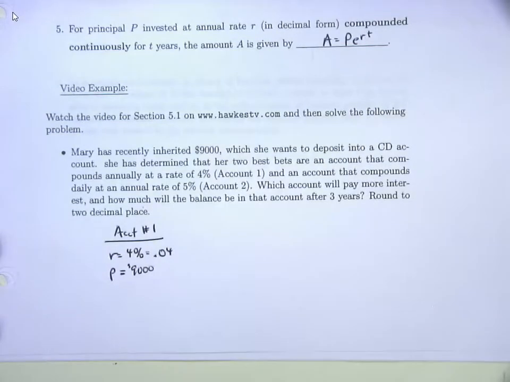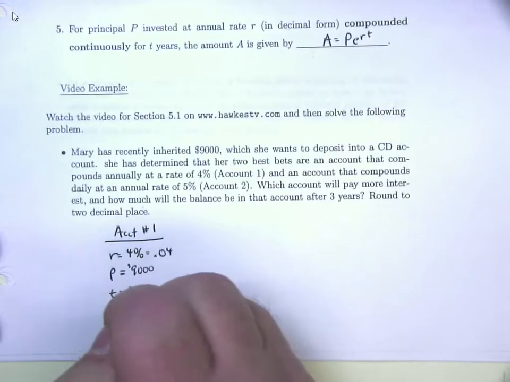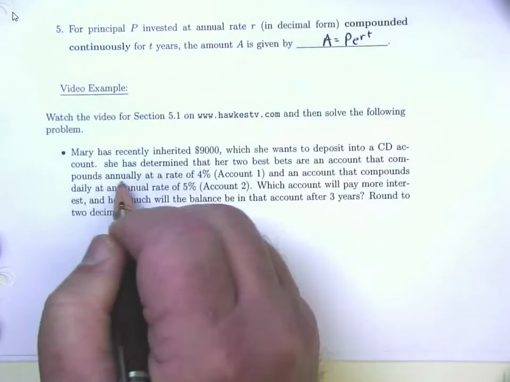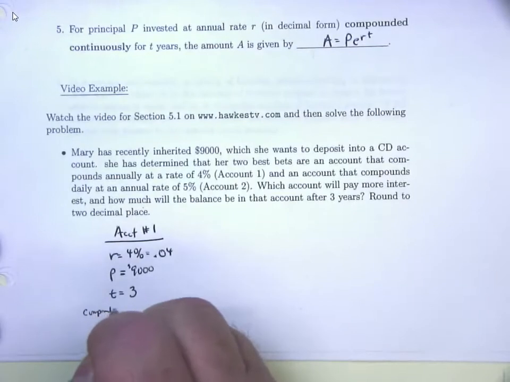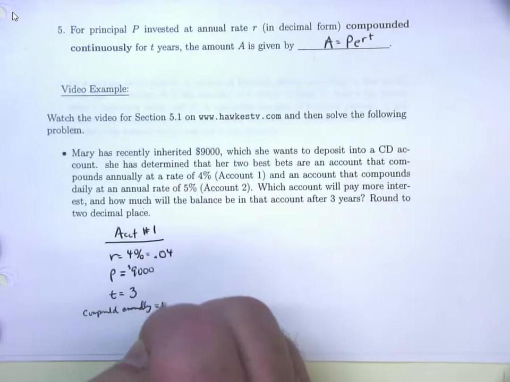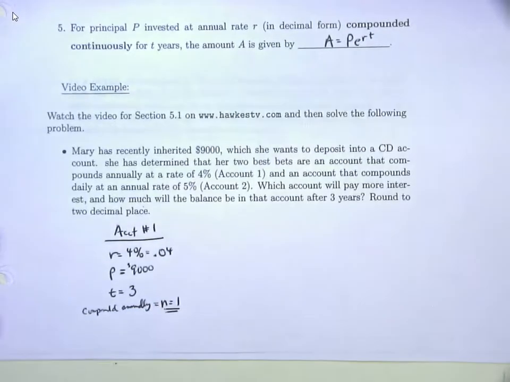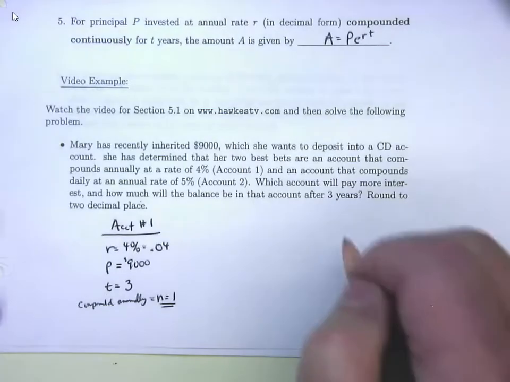And the interest rate, 4%, and time is 3 years. But here's the deal. This one is compounded annually. How many times a year is annually? n equals 1. It's 1 time a year. Does that make sense?